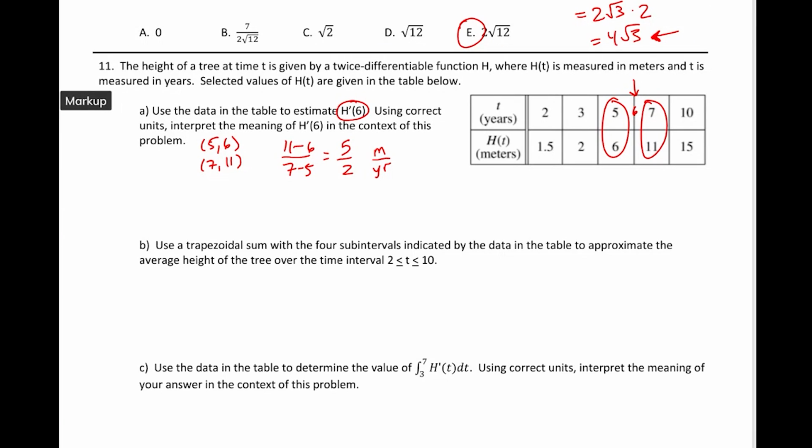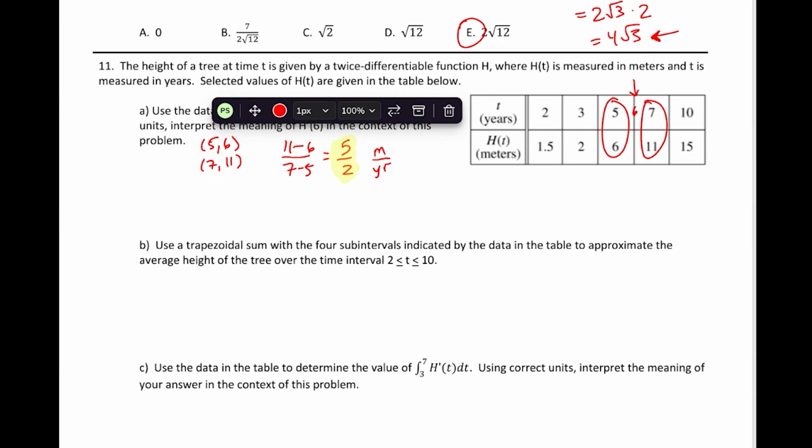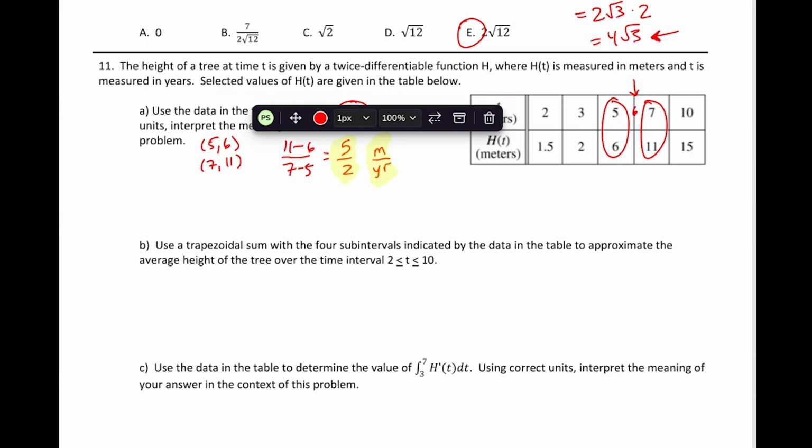Let me highlight this as we go. This is what the AP test grader is going to be looking for too. We've got the actual numerical answer. We've got the units, but now we need the interpretation. So usually the interpretation has to do with explaining what this thing means. So here you don't need to write this word for word, but something along these lines.